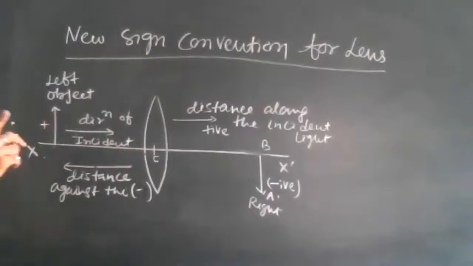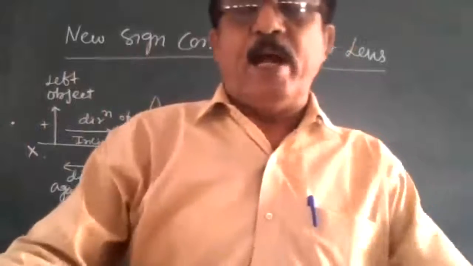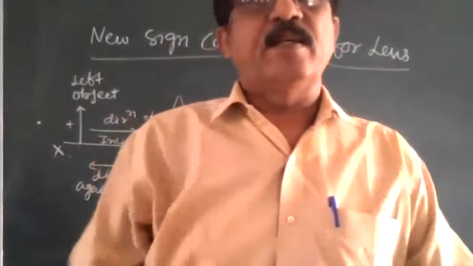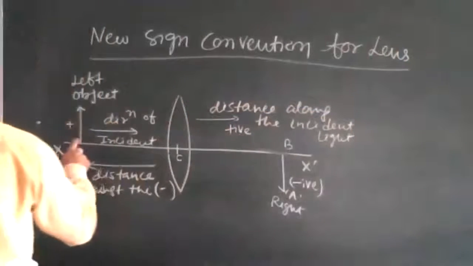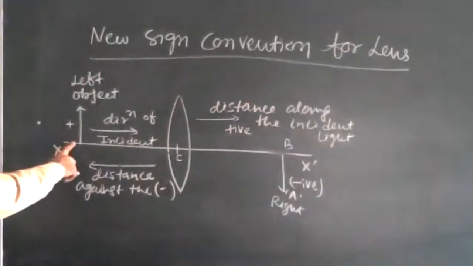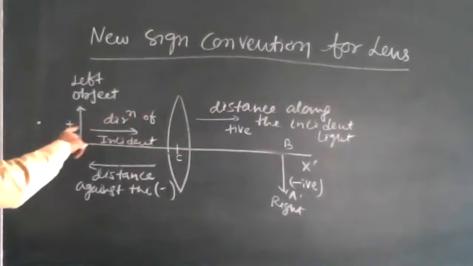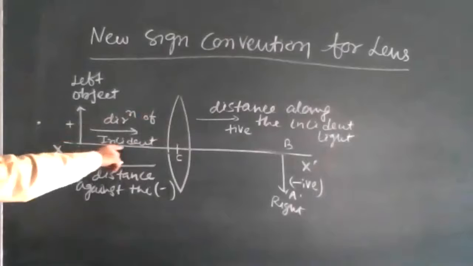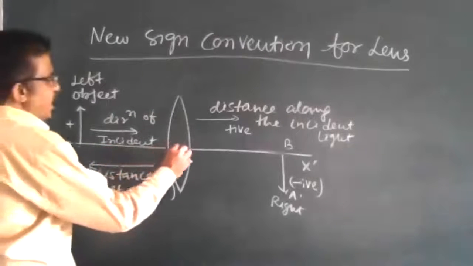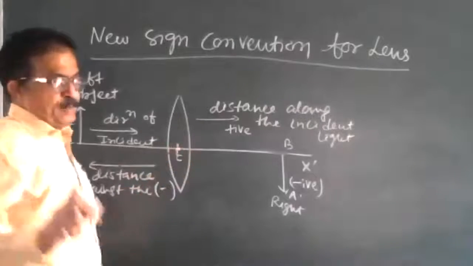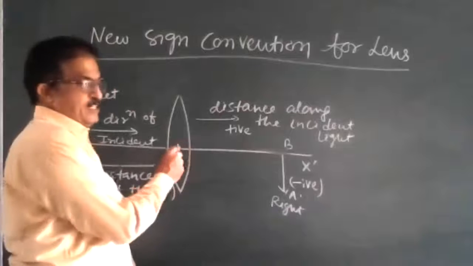Object is taken on the left side of the lens. Light is incident on the lens from the left hand side. All the distances parallel to the principal axis are measured from the optical center of the lens.